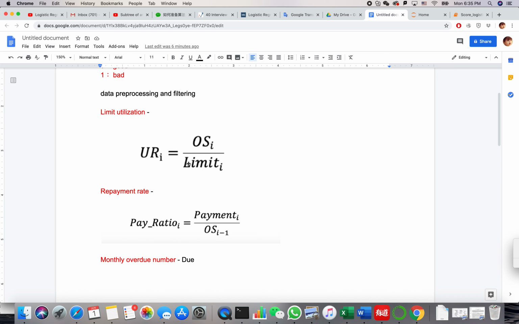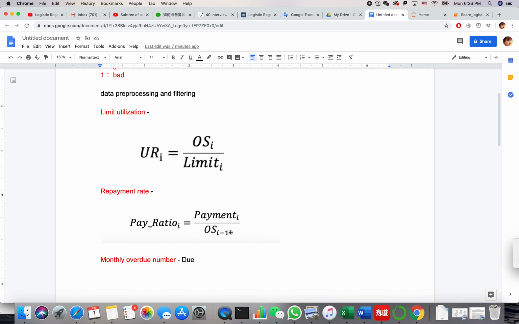But if the limit equals 0, that's not good, so we need to deal with it. And also for the repayment rate, if the outstanding is equal to 0 or less than 0, we need to deal with that.